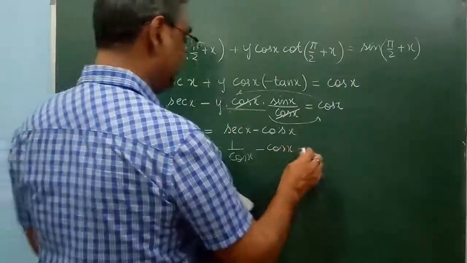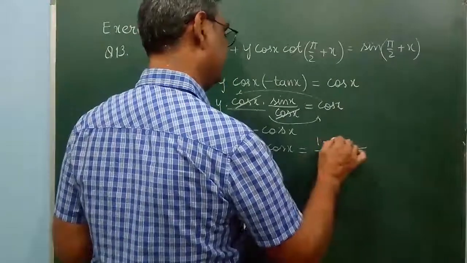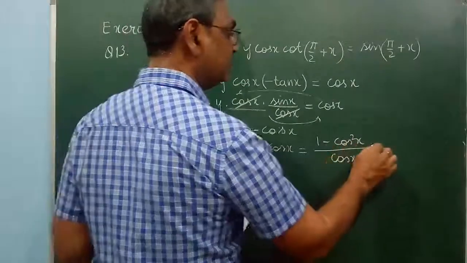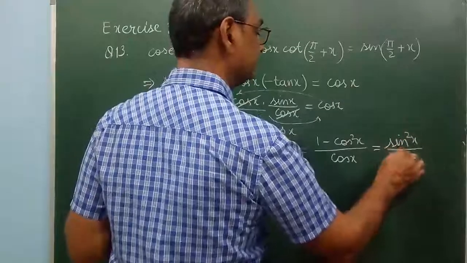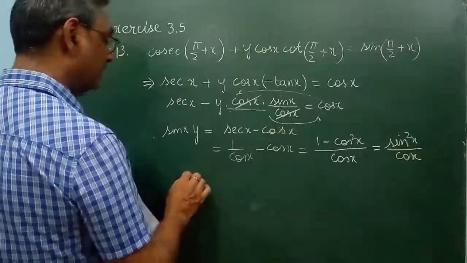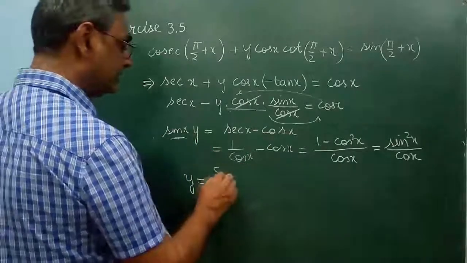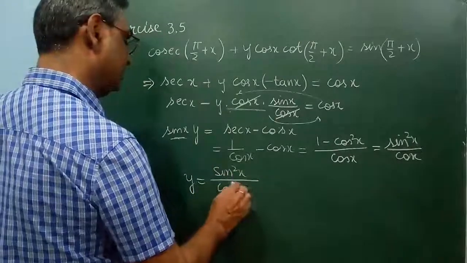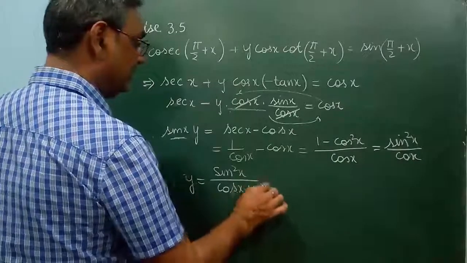We can take LCM here. What is the value of 1 minus cos square x? So we have got y equal to, this was sin x, I can take it to the other side, sin square x upon cos x into sin x.